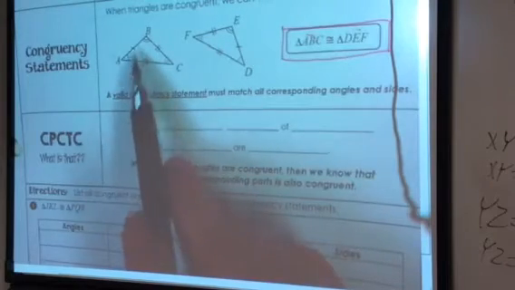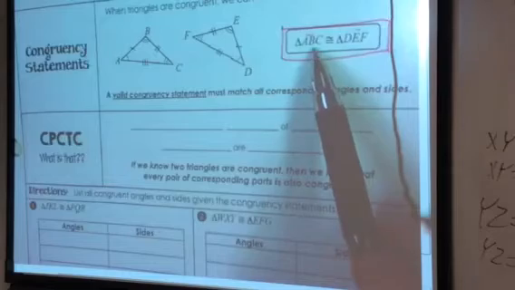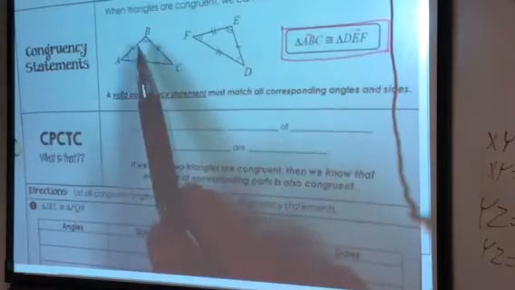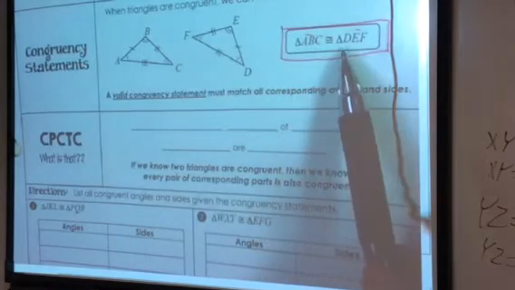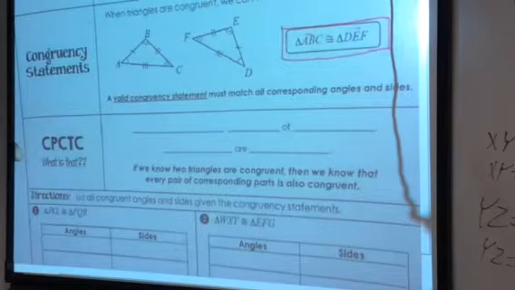AB has 1 mark, DE has 1 mark. BC has to equal the side EF. Both of them have 2 marks. And then AC and DF have to be the same. Both of those would have 3. Does that make sense? So as long as their marks are the same. Yes.